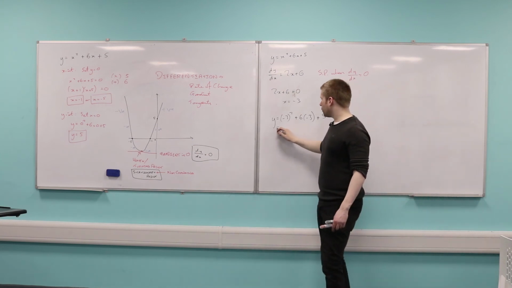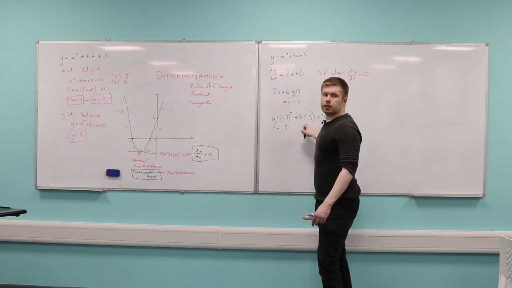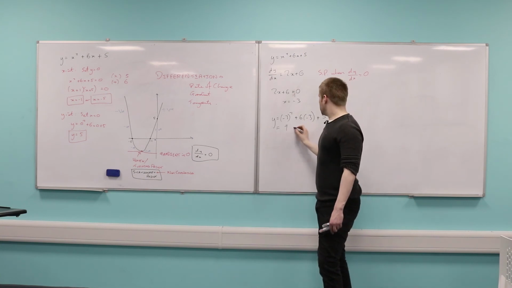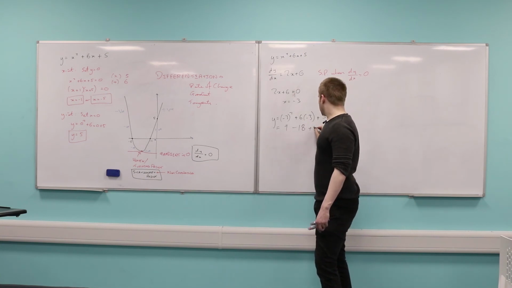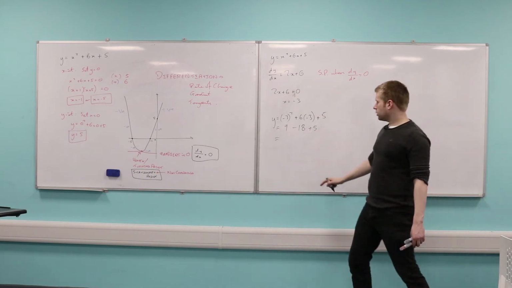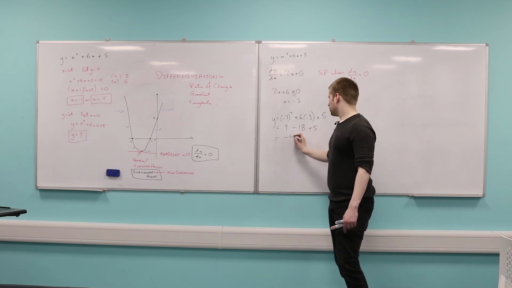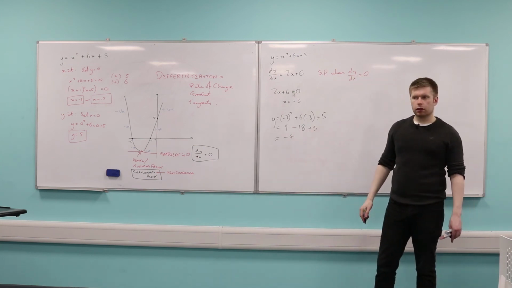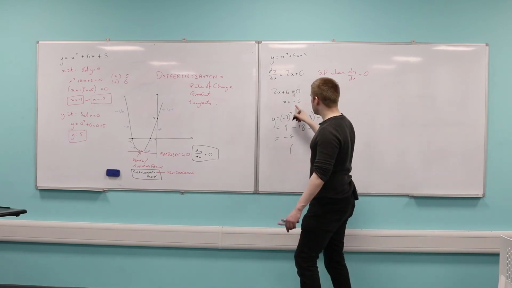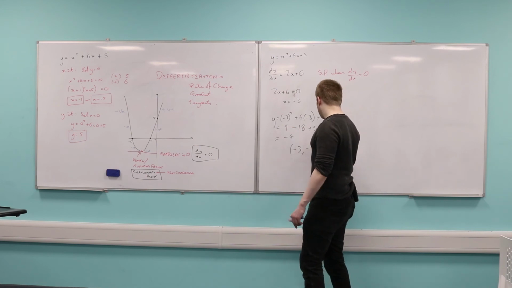Well, -3 squared is 9 plus 6 times -3. Be careful. Yeah, good. 9 take away 18 is -9, plus 5 is -4. So my stationary point is -3, that's my x-coordinate, and -4, that is my y-coordinate.